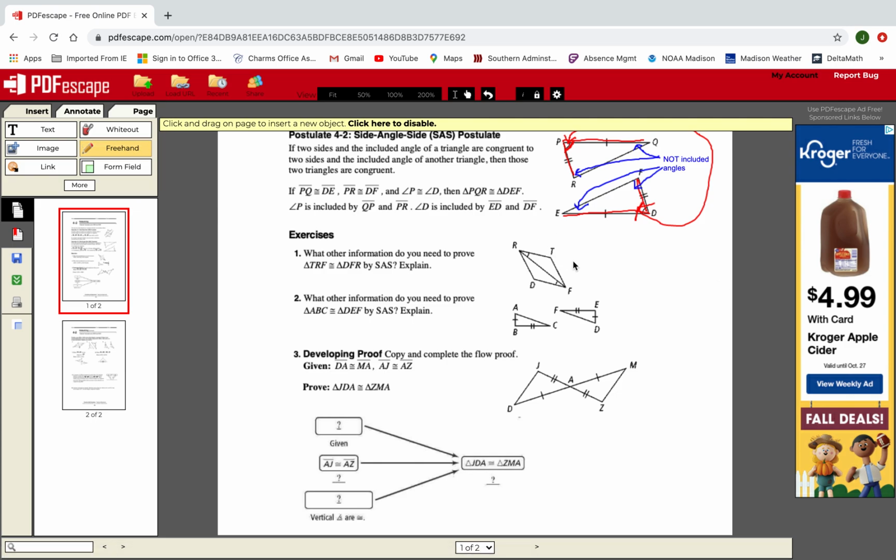So let me see if I can do that. If I draw or turn this triangle DFR around, where it's in the same position, then maybe that will help you see, okay?